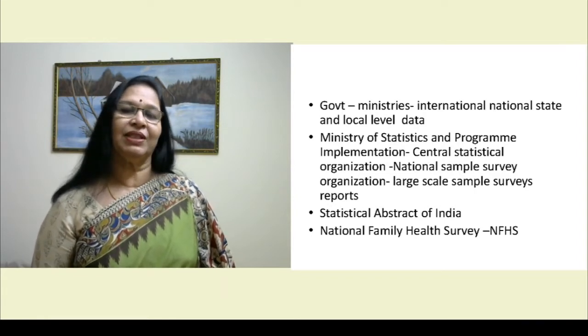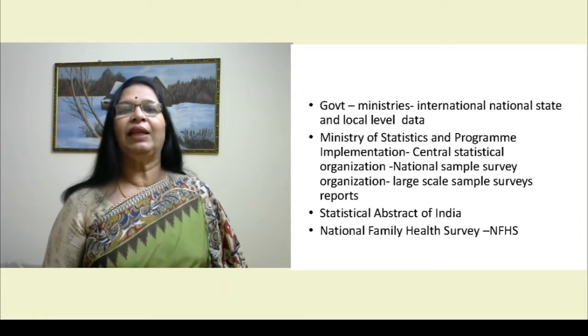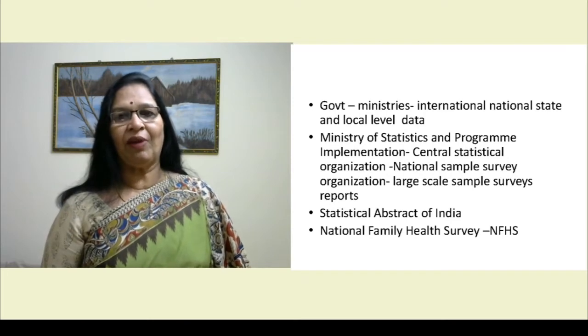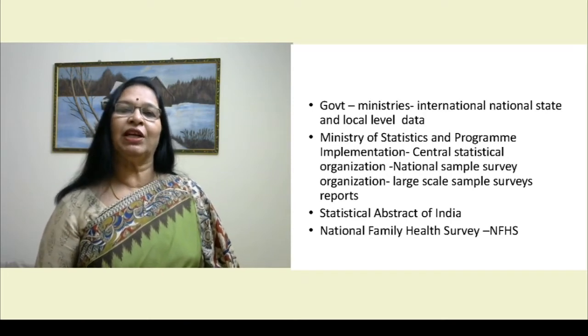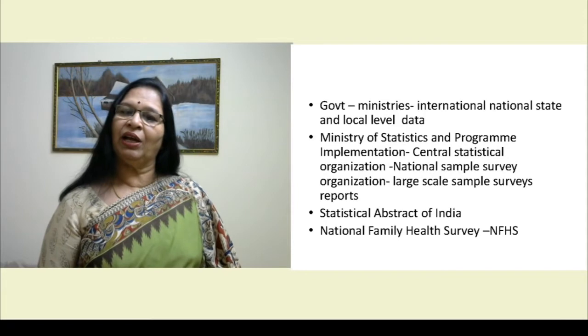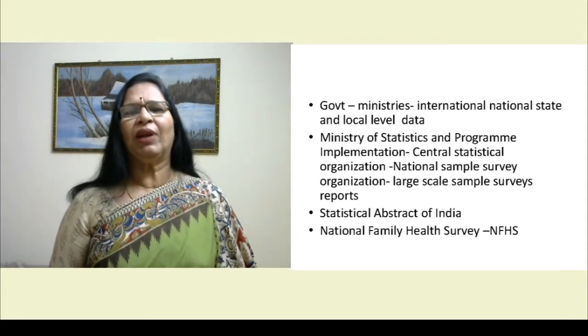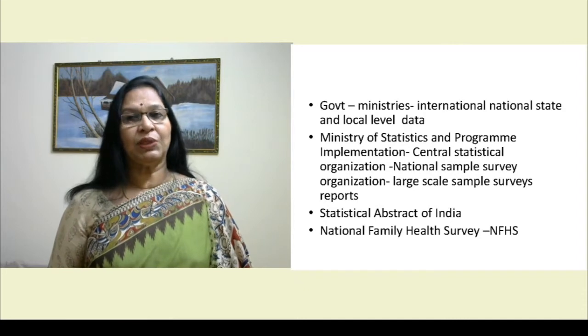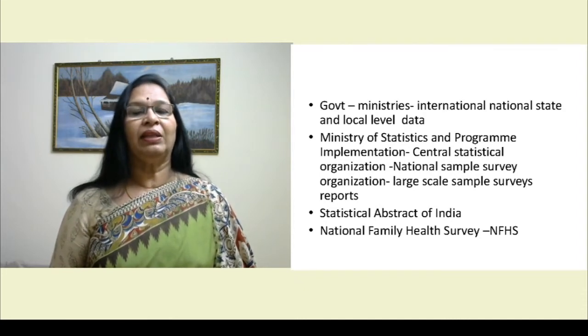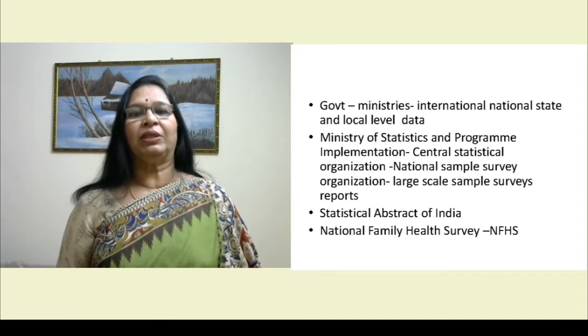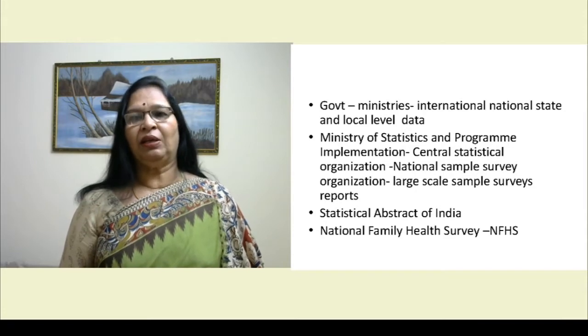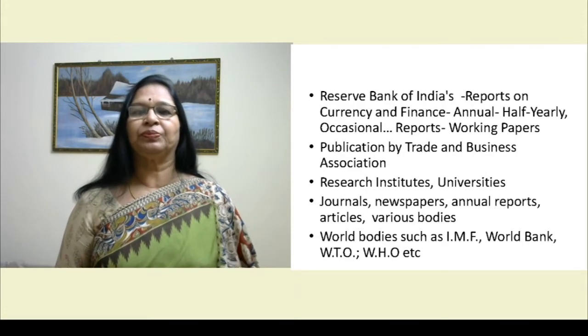There is also the Statistical Abstract of India, and the National Family Health Survey, which could give data on health, medical care, nutrition and diets, and so on. So there are a variety of issues that a social scientist looks for, and that many data points are available from secondary sources.